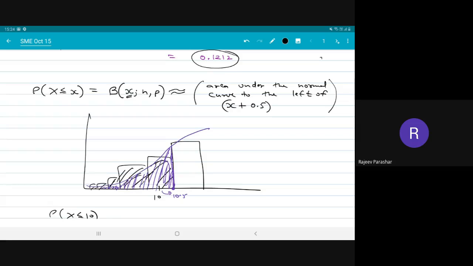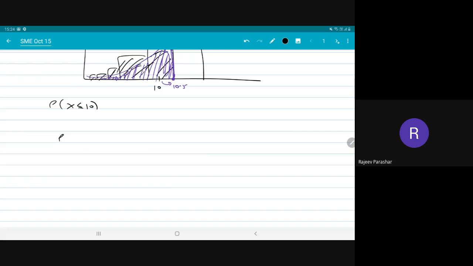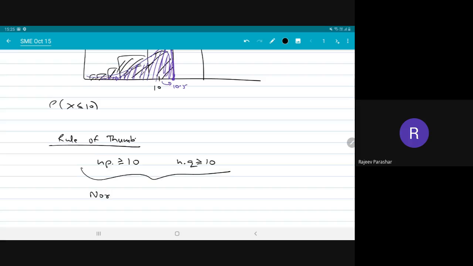And by now you should know that whenever we have approximations, we have rules of thumb. So the rule of thumb for this approximation is, if we have n times p greater than 10 and n times q also greater than 10, then the normal approximation to the binomial distribution is acceptable.